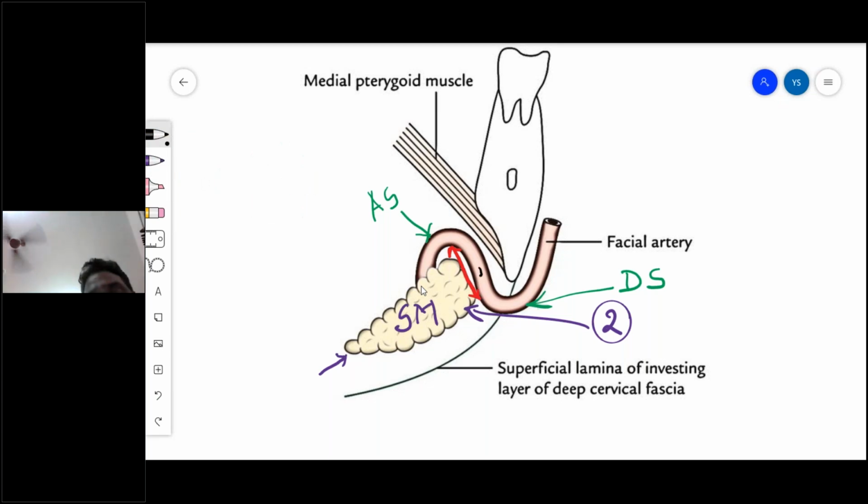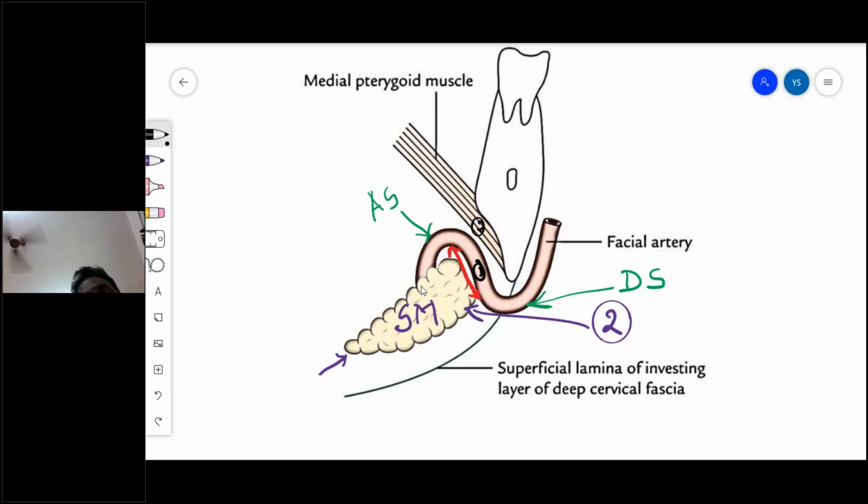Number one, what is that artery? Descending loop of facial artery. Where we have seen the ascending loop, we have seen the ascending loop at the posterior end. So descending loop of facial artery, number one. And number two, we can see one muscle here.